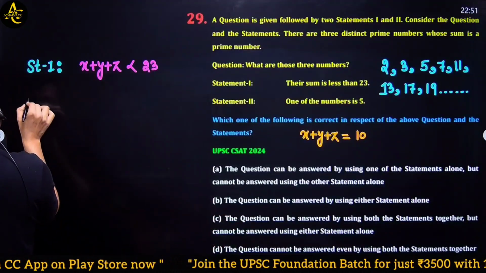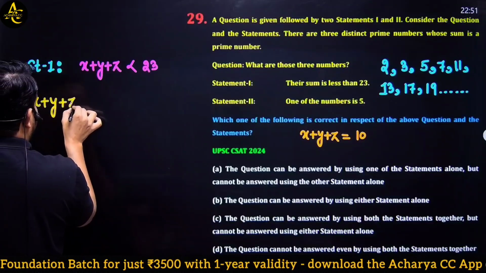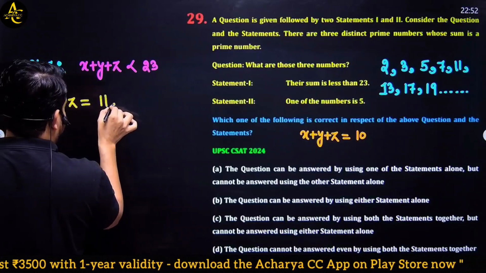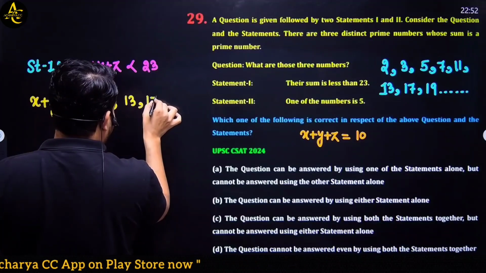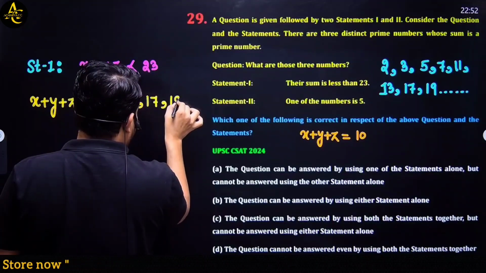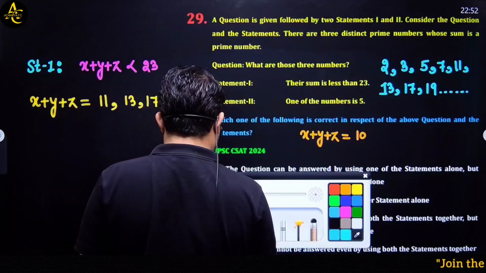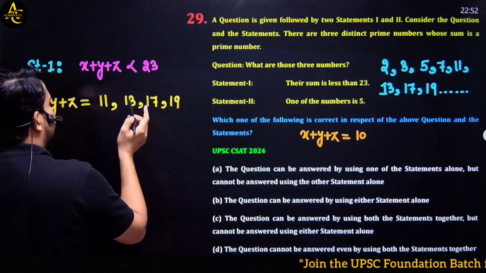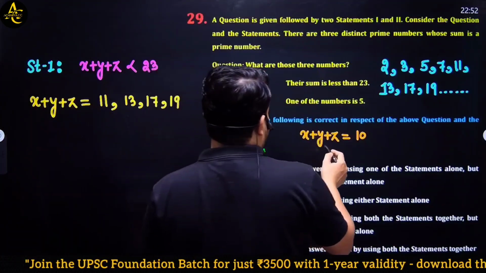I can write x plus y plus z equal to either 11, which is a prime number, or 13, or 17, or 19, because these prime numbers are less than 23, and the minimum value of x plus y plus z can be 10.